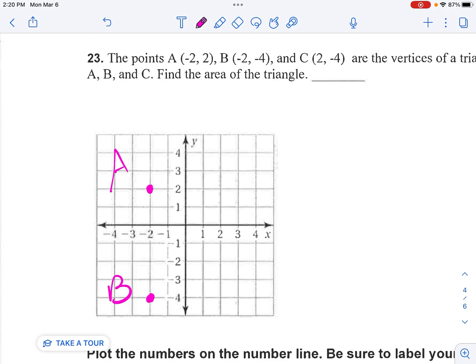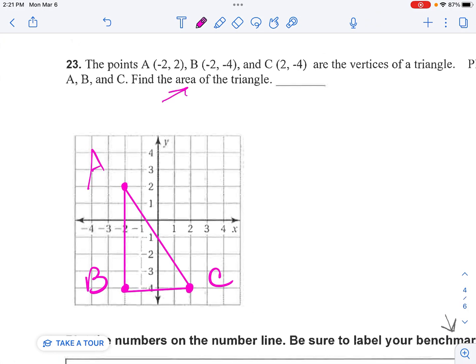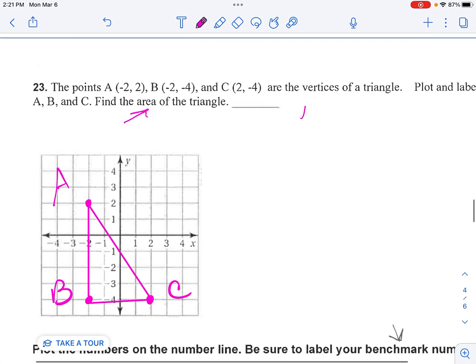We are labeling that B. C is at (2, -4): right 2, down 4, labeling that C. They all need to be labeled. And then you need to connect your dots, make your triangle, and now we're going to find the area, okay?